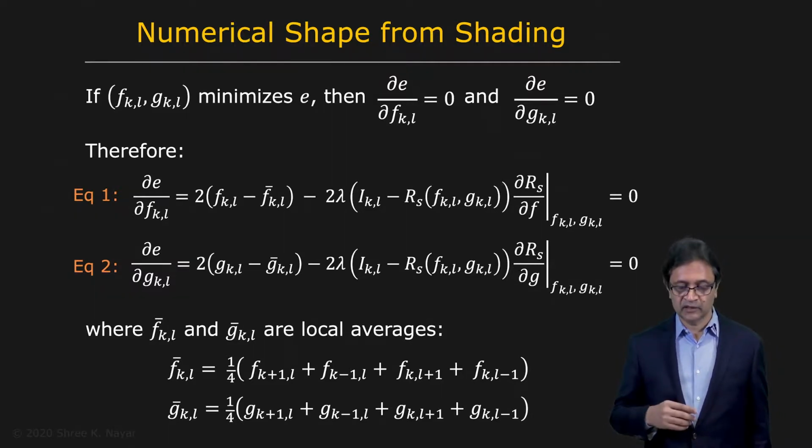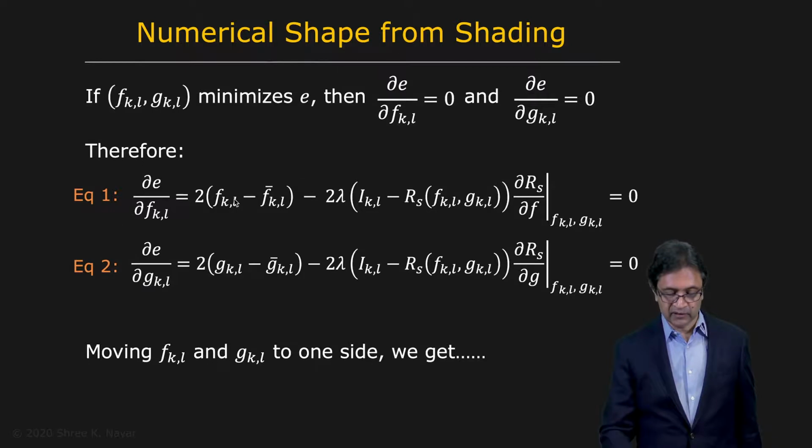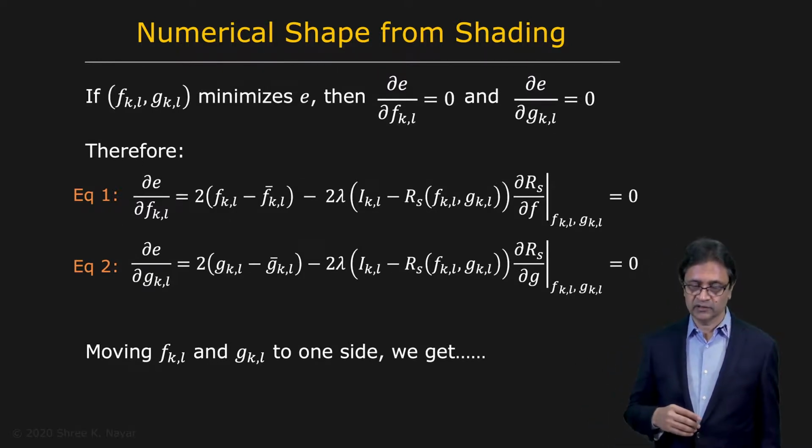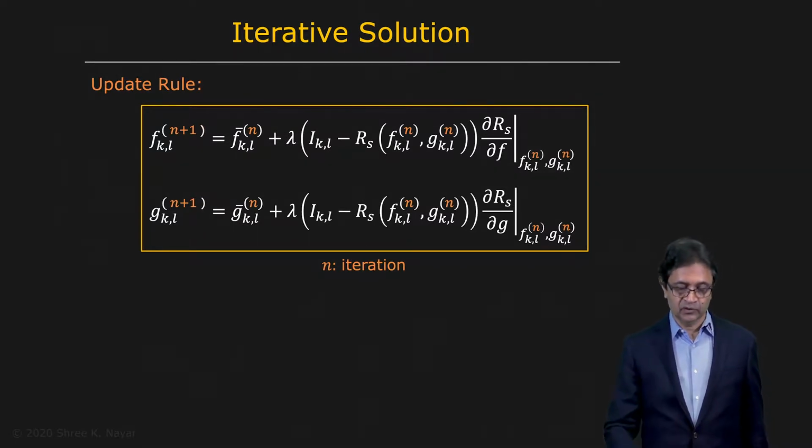So this is how we tackle it. This is where the trick comes in. What we do is we move FKL, GKL, which is right here, to one side of the equation and keep everything else on the other side. And then we have this superscript right here. We throw an n plus 1 on top of FKL and GKL, and we throw an n on top of everything else on the right-hand side.